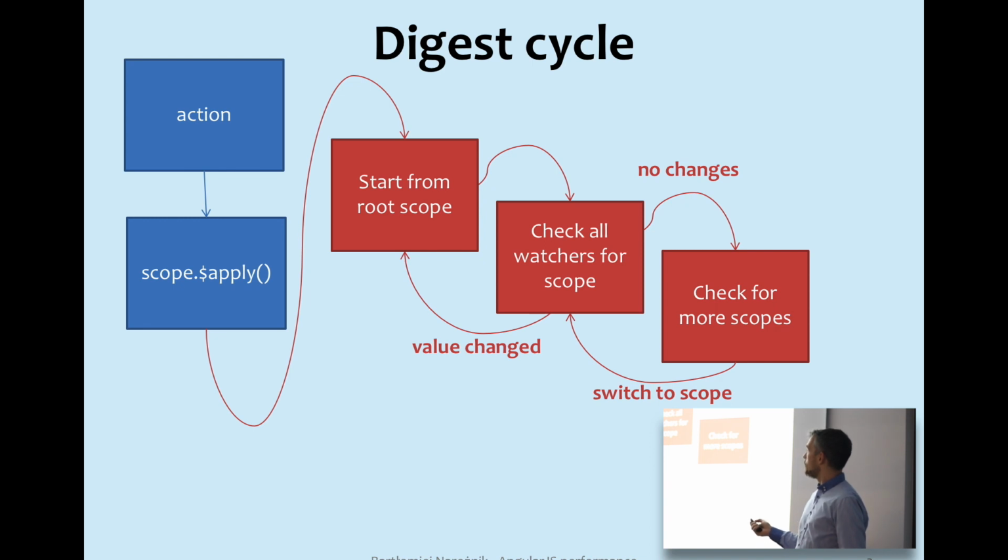It checks all the watchers, checks if there are some changes. If there are, there is another loop until there are no more changes. Then it goes to other scopes, does the same, and if everything is done, there is an update on the UI.